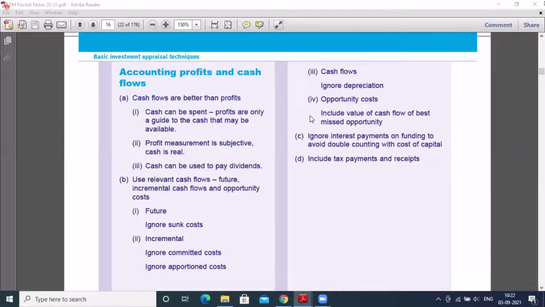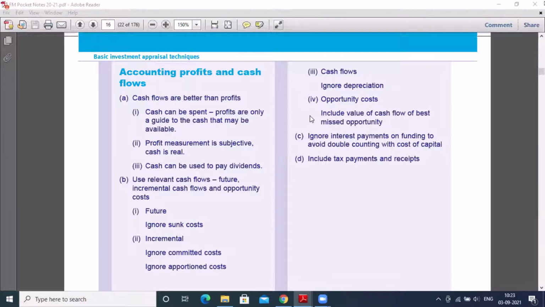Now, generally, when it comes to investment decisions, we consider the return we are expecting from that particular project, or technically speaking, return on capital employed or accounting rate of return. How much return you are expecting.